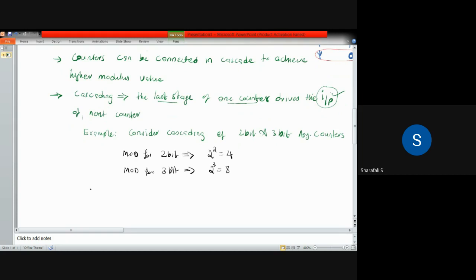So after cascading, the mode of the entire counter will be the multiplication of these, so 4 into 8, which is equal to 32. So there will be 32 states for this particular counter if you are cascading this 2-bit and 3-bit case.